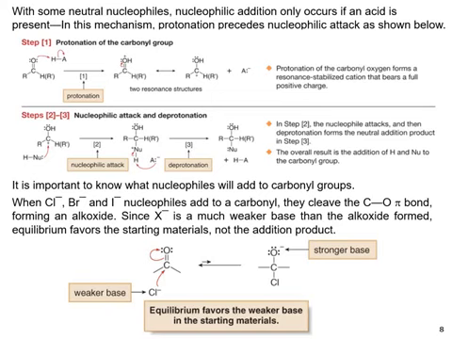It is important to know which nucleophiles will add to the carbonyl group. When chloride, bromide and iodide nucleophiles add to the carbonyl, they break the carbon-oxygen pi bond, forming an oxide. Since halide is a much weaker base than the oxide formed, the equilibrium favors the starting material, not the addition product.